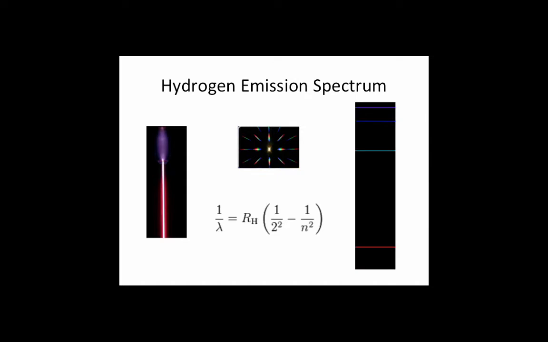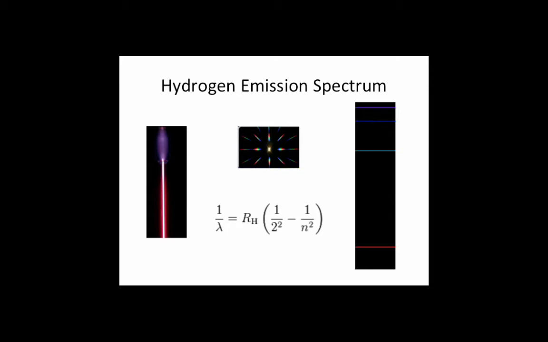The equation doesn't really matter, but he found that if n was a whole number, 3, 4, 5, and 6, then n equals 3 would describe the wavelength of this line, n equals 4 would describe this, n equals 5 would describe this, and n equals 2 would describe the wavelength of that line. It was interesting that he could find a mathematical model that didn't explain, but described the wavelengths that were produced when hydrogen was passed through this diffraction grating.